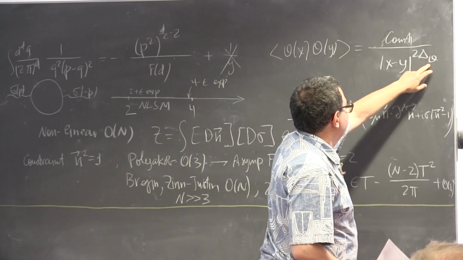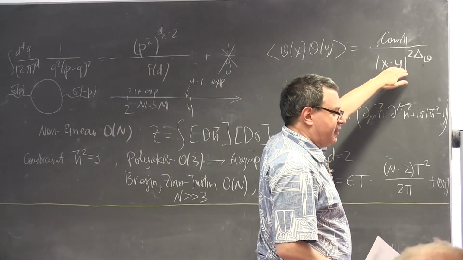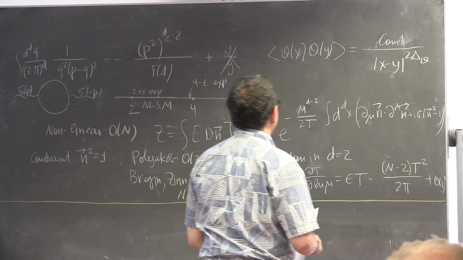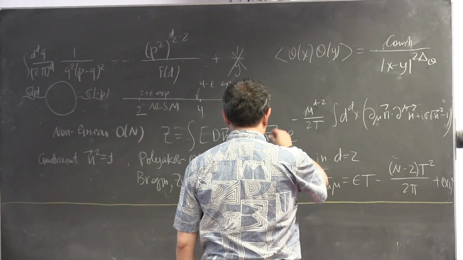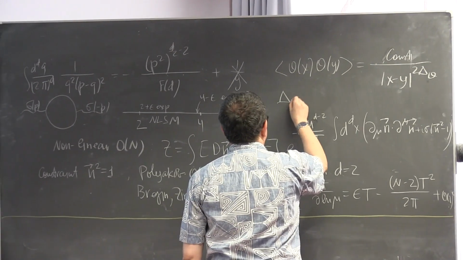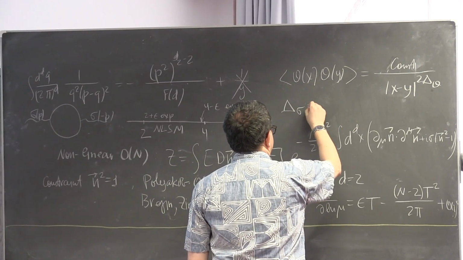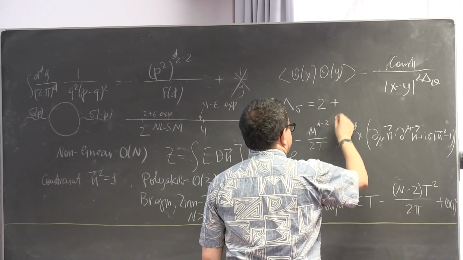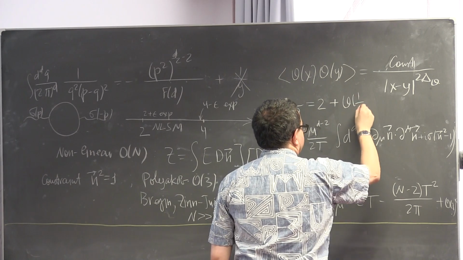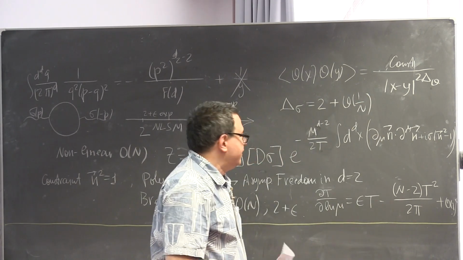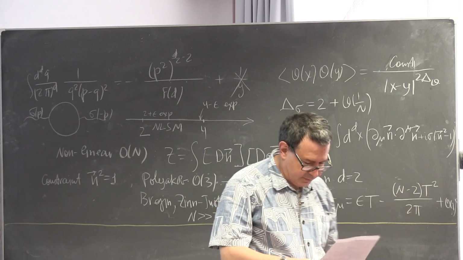The scaling dimension of operator O enters with the power 2 here. So you see immediately that delta of this sigma is equal to 2 plus some order 1 over n corrections, right? And this is the leading large n result, okay?